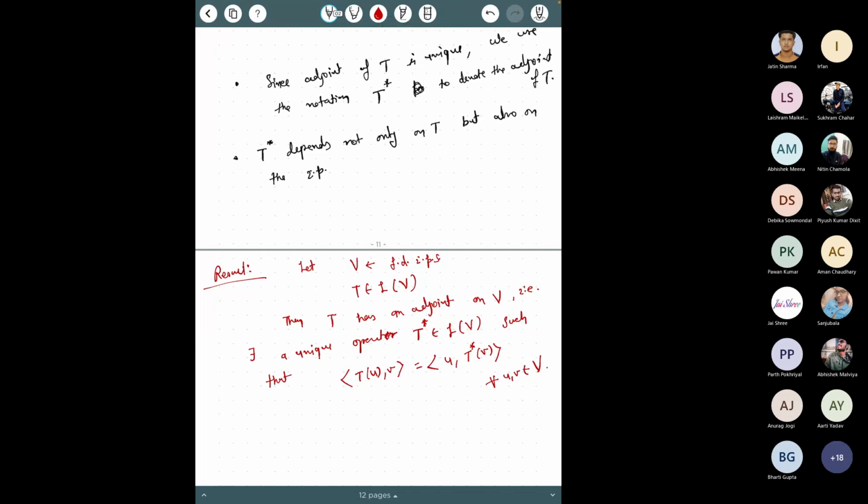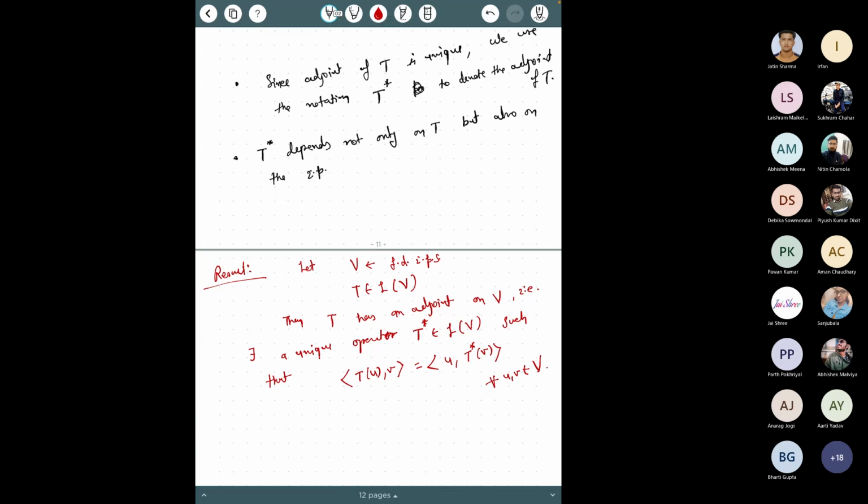So basically you need to see how these things are defined. You are using inner product. So basically you need a sort of same inner product on the codomain also, right?